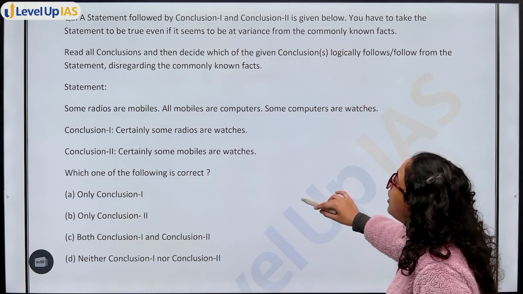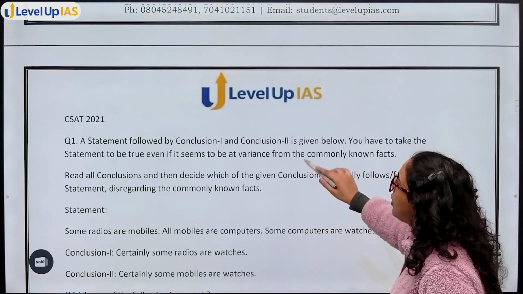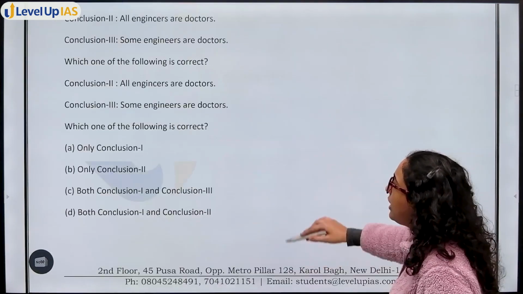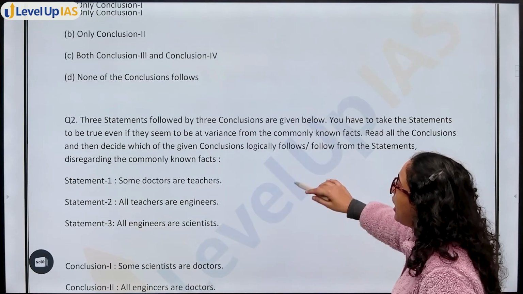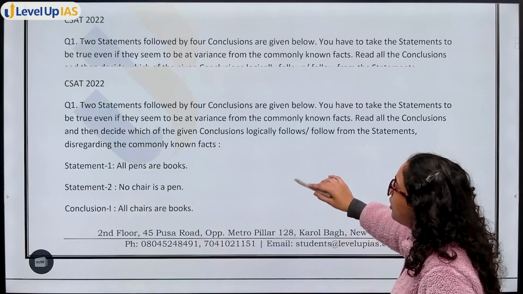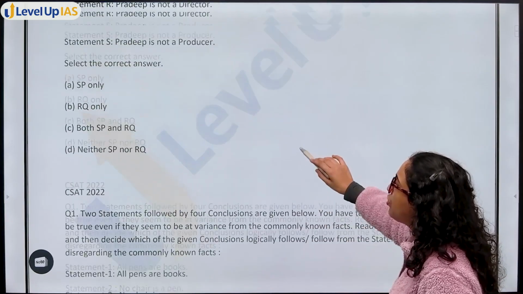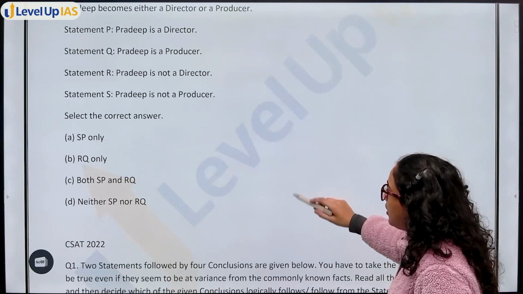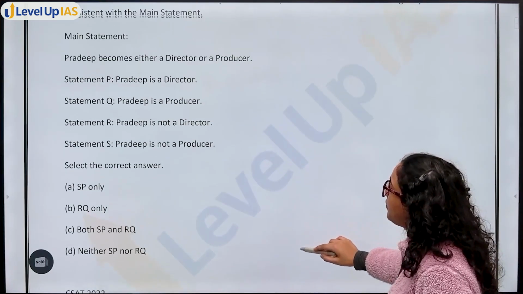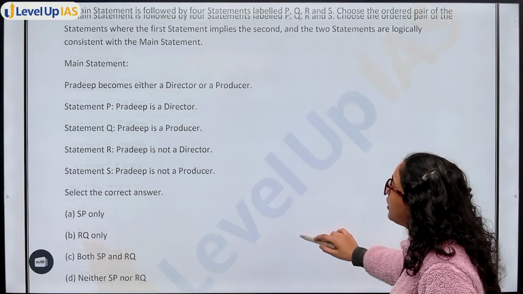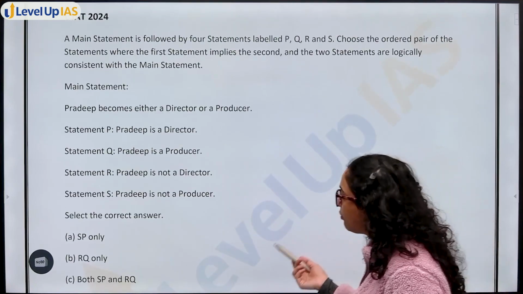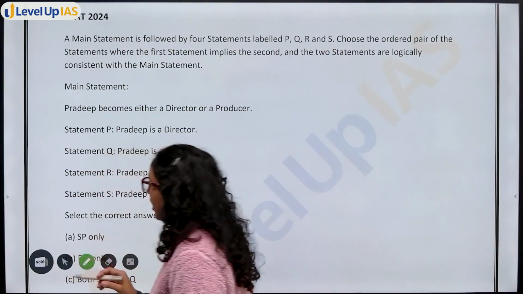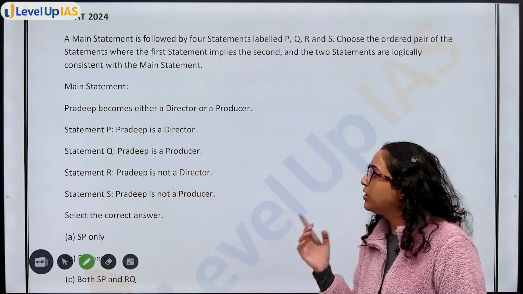See, before discussing the question, I'll show you an example and I'll talk about the approach that you should follow in these kinds of questions. So, in the first question, you don't even need any kind of approach in this one.